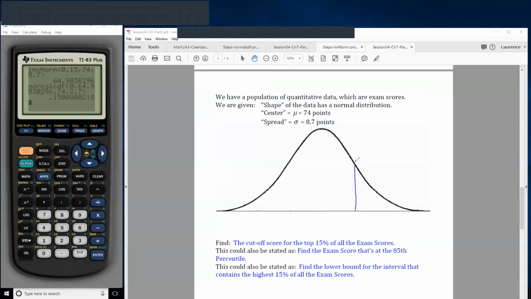So you just draw in a line there. Oh, I should be doing the straight lines. Those look better than my hand-drawn ones. And let's just shade in to the right. So those are your top 15% of the exam scores. And clearly label, so that right there, that area is 15%.